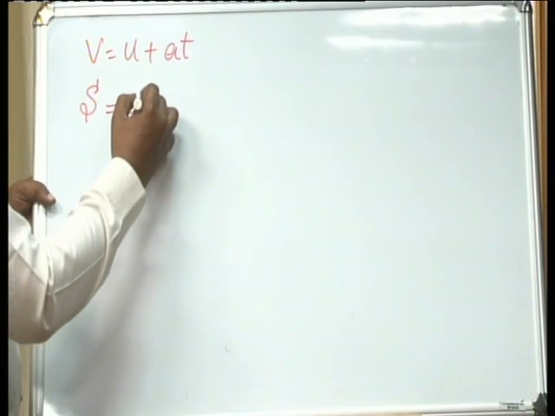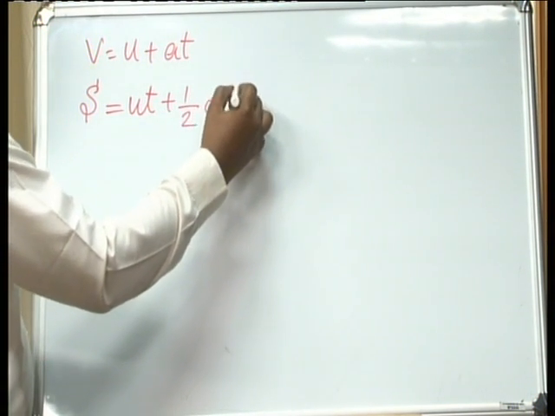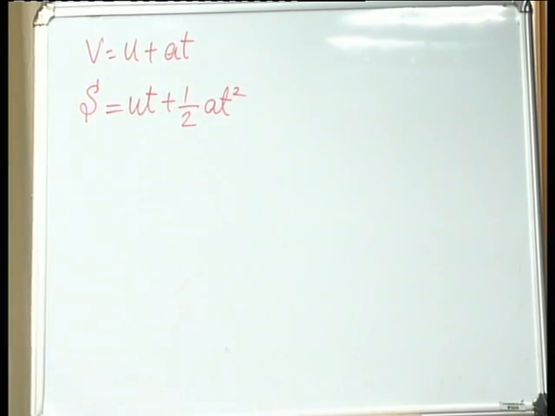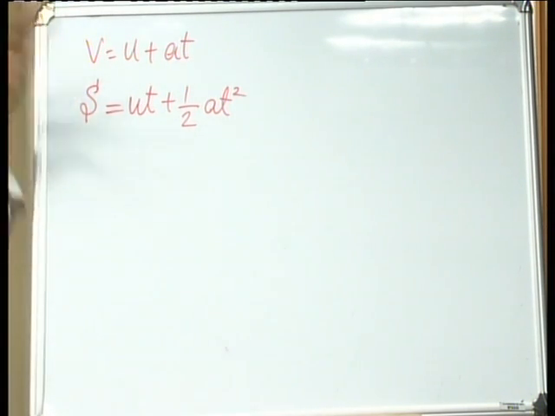So, s is equal to ut plus half at square. In general, if the right hand side of the equation consists of a sum or difference of more than two terms, dimensional equation is not possible for such composite functions. This is also one of the disadvantages.